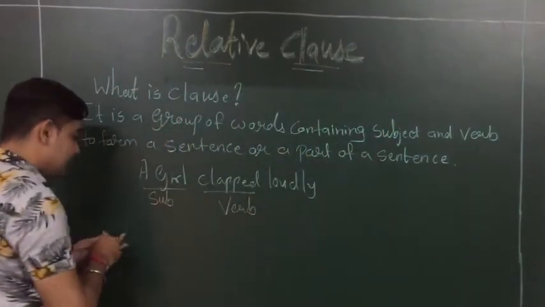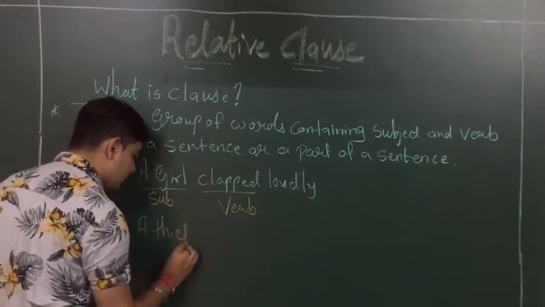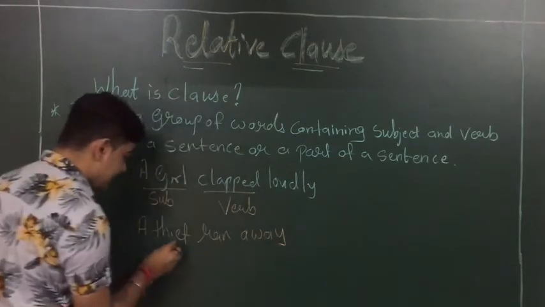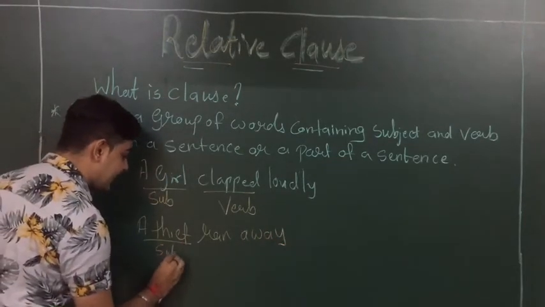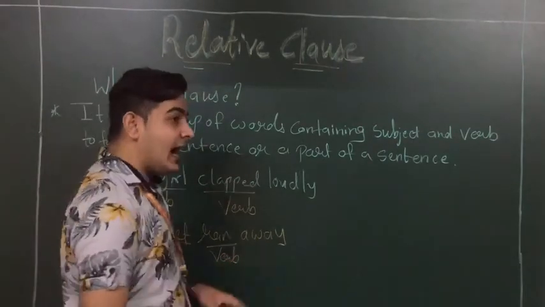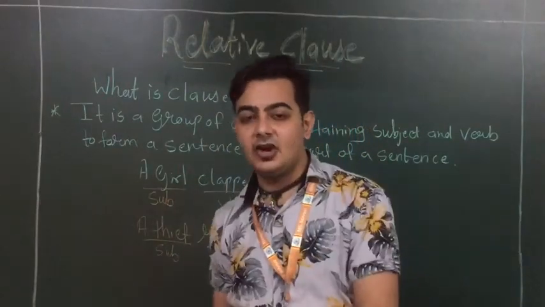The next example, a thief ran away. ठीक है, this is my subject and this is my verb. ठीक है, and in clauses I have explained to you about the dependent clause and independent clause.